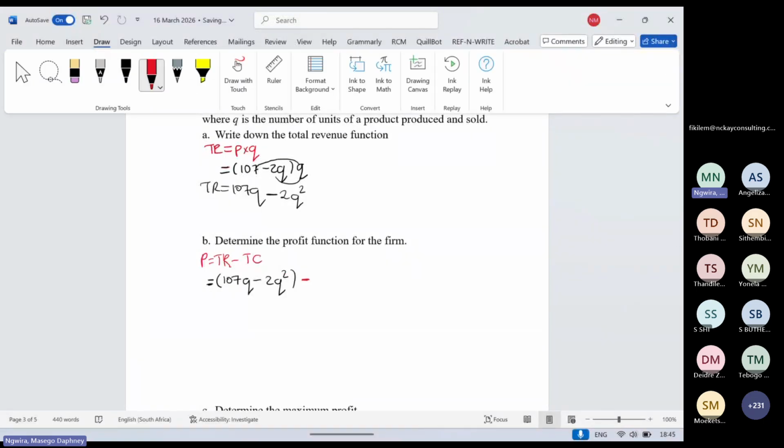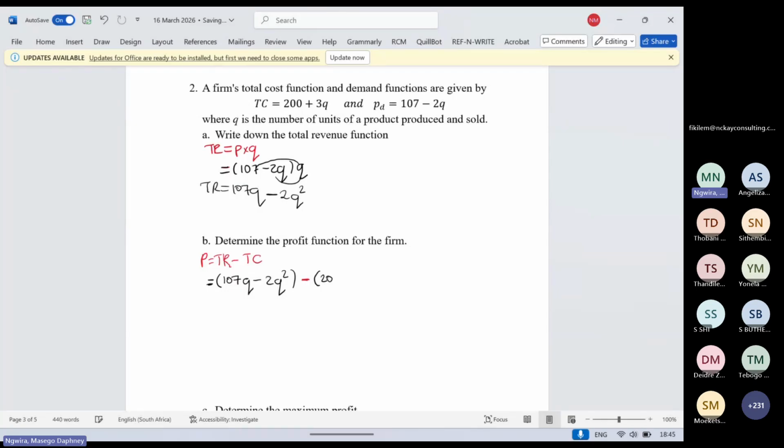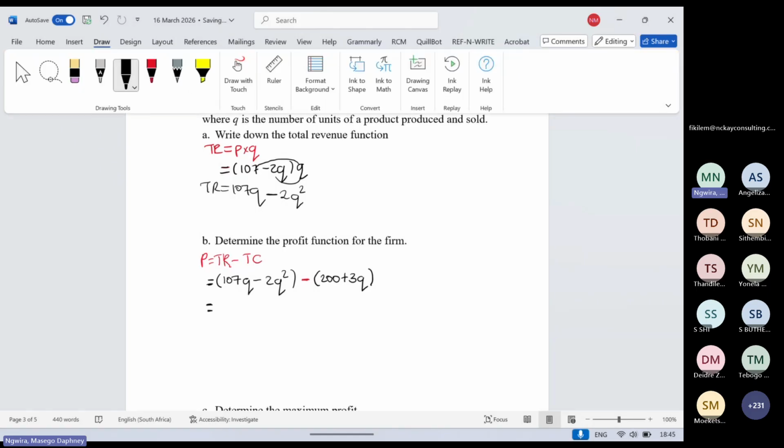And then TC, total cost, is 200 plus 3Q. And then now I am going to minus. So I cannot minus with the brackets. I must remove the brackets first. BODMAS, brackets first. So we are going to distribute this negative.